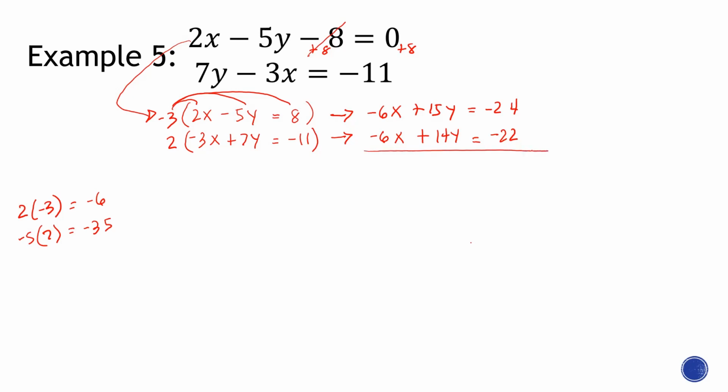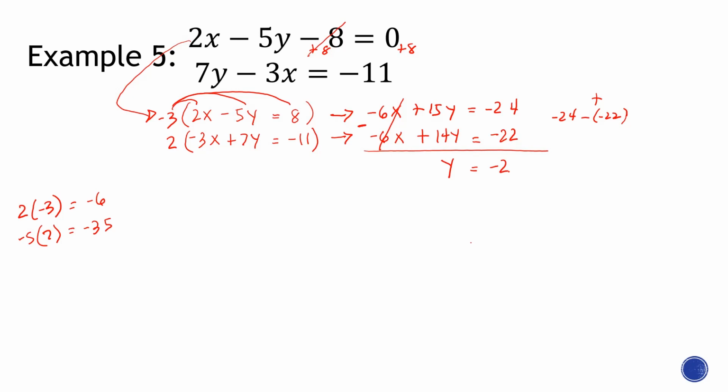Now, since the numbers here are identical, I'm talking about negative 6 and negative 6, I will use the subtraction. So that will automatically be equal to 0. 15 minus 14 is y equals negative 24 minus negative 22. Here we go again. This is negative 24 minus negative 22. So you see those two minus signs side by side. That would be plus. Negative 24 plus 22 is negative 2.